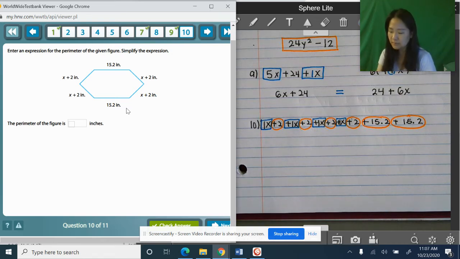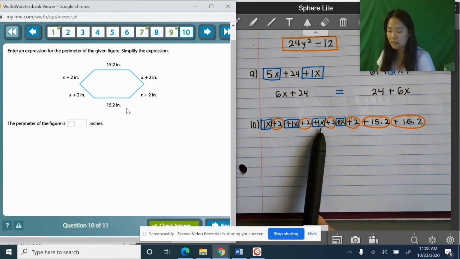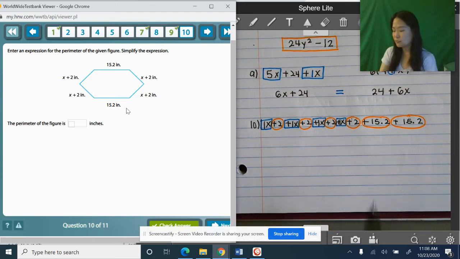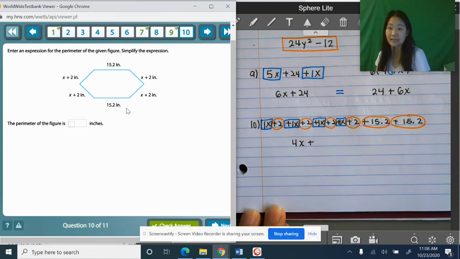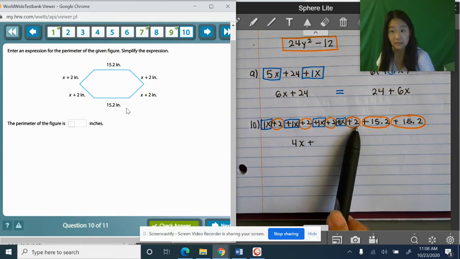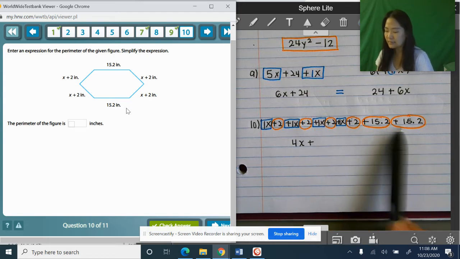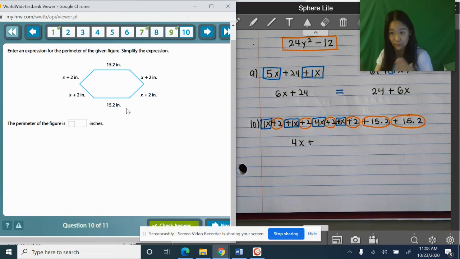All right, so combining the like terms: 1x plus 1x plus 1x plus 1x is 4x. Plus, now I have to add up all of my constants. 2 plus 2 plus 2 plus 2 is 8. And then I have to do 8 plus 15 and 2/10 plus 15 and 2/10.